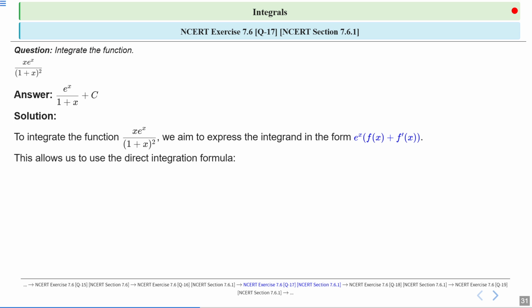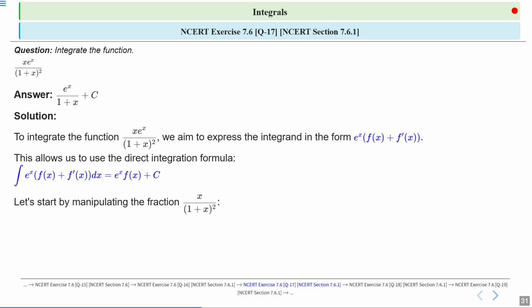So we have to find which function allows us direct integration formula, that is integration of e^x into (f(x) plus f dash x) dx is equal to e^x into f(x) plus c. Let's manipulate the factor so that it can be distributed as f(x) plus f dash x.